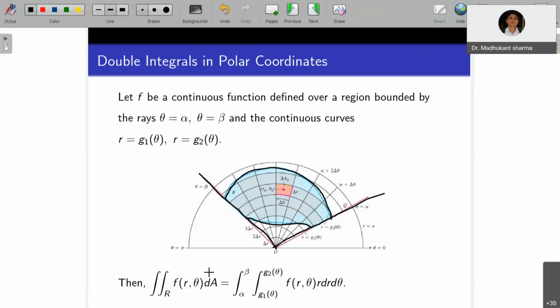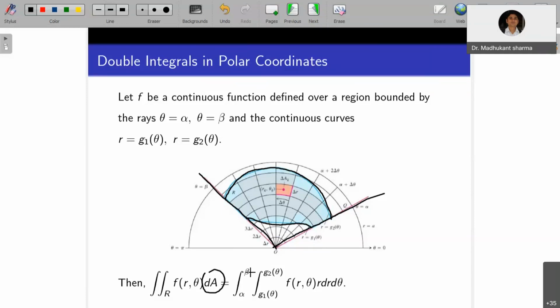I just want to say here about dA, the area element: like we discussed in Cartesian form, we divided a non-rectangular region into rectangular grids by drawing vertical lines parallel to the x-axis and y-axis, and as the number of points in each partition increases, or if you make them as fine as possible, and if f is a continuous function, that will go to the double integral.